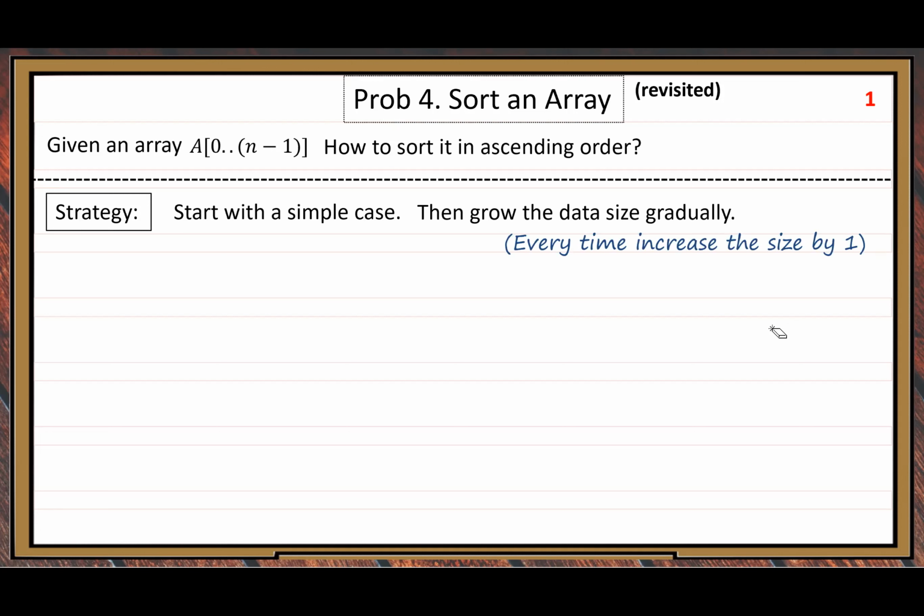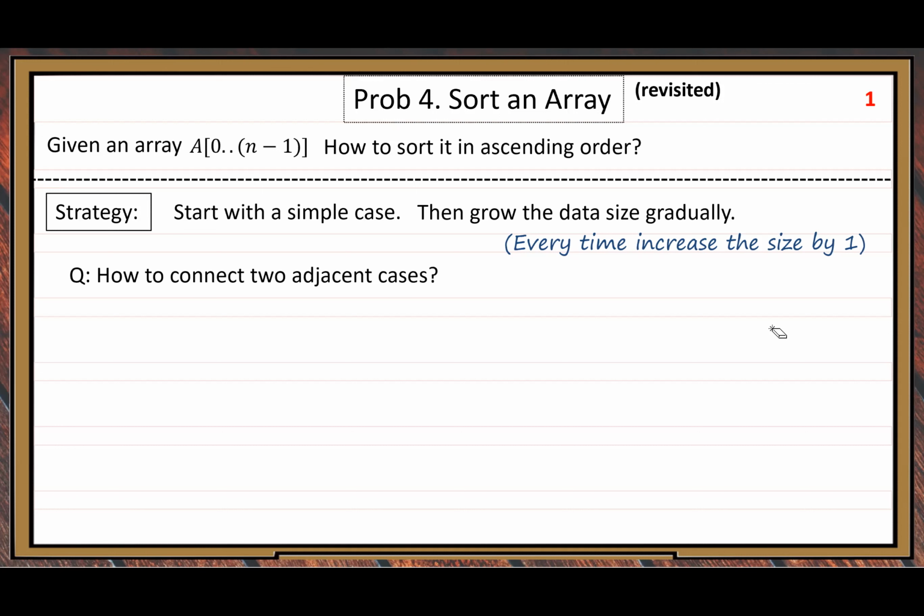Every time we increase the array size one by one, and at the end, we solve the original problem. That is a general description, because from this description, you do not have the implementation details. You need to fill in those implementation details.